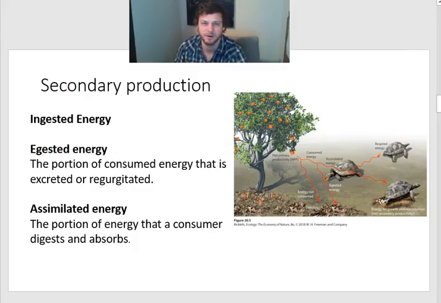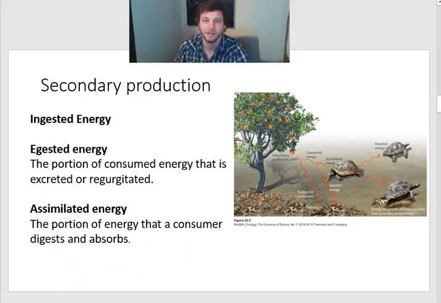They do these things called bomb calorimeters, where you basically burn something up and see how much heat it gives off. You measure that heat energy to get how much energy is in there. And so you can measure how much is egested, and that gives you how much is assimilated.